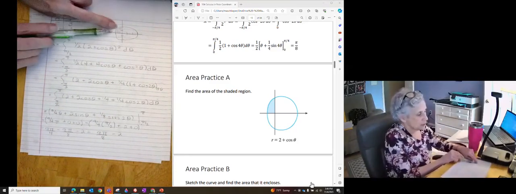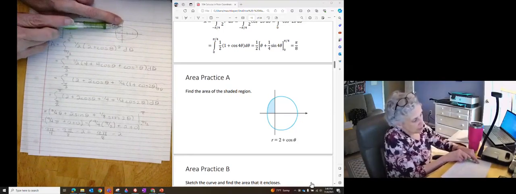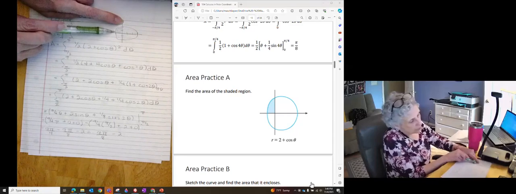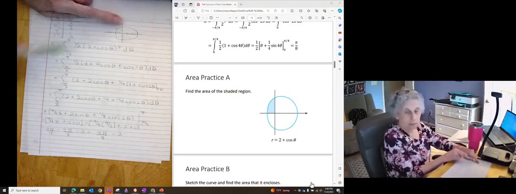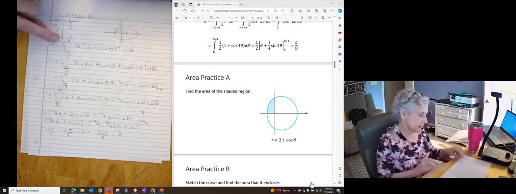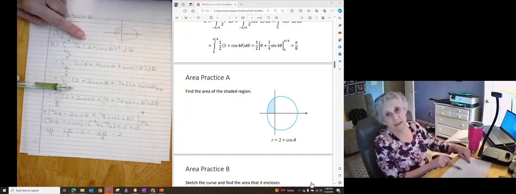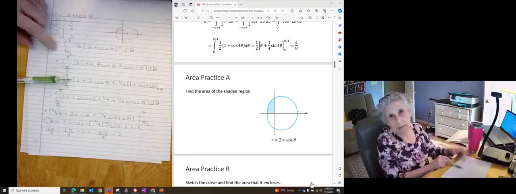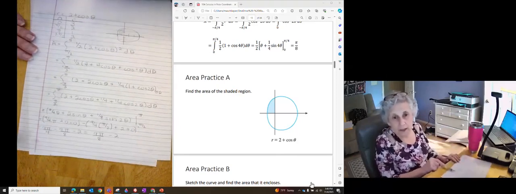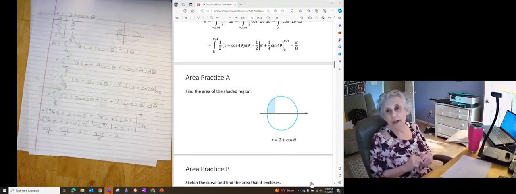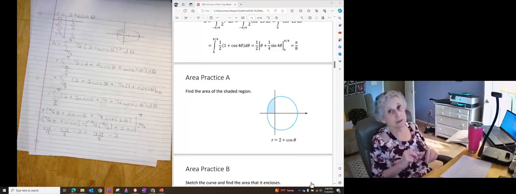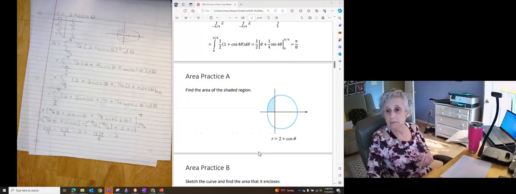So the shaded region happens from pi over 2 to pi. Then I did this one by hand because I had plenty of time. And I ended up with 9 pi over 8 minus 2. And if WebAssign wants an exact answer, then that's what you're going to need to do.